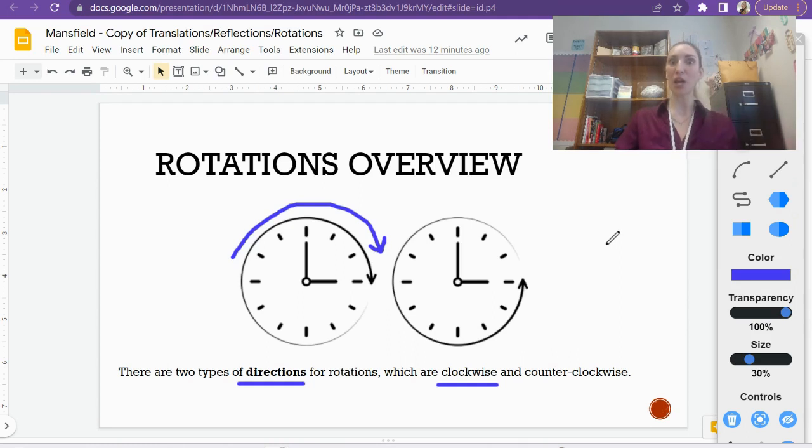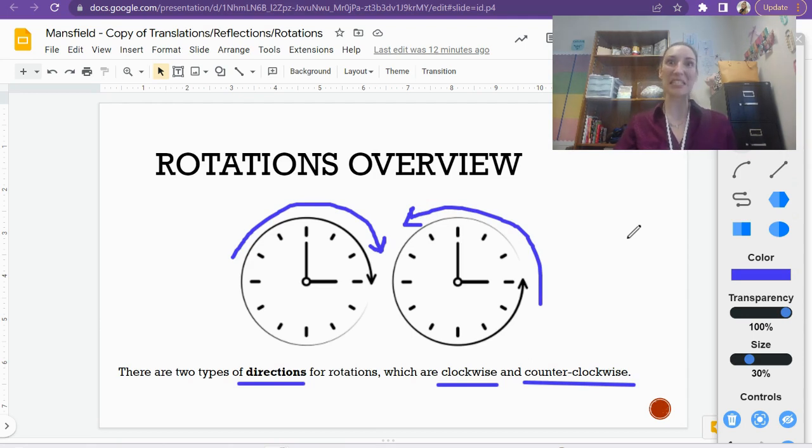Okay. The other way, it's called counterclockwise. Counter means against. Okay. So it means against the direction of the clock, like opposite to the direction of the clock. So every time something is moving this way, right, the other direction, it's moving counterclockwise.